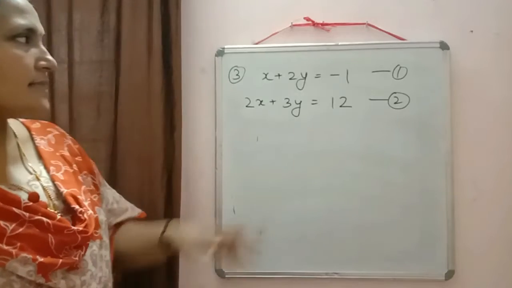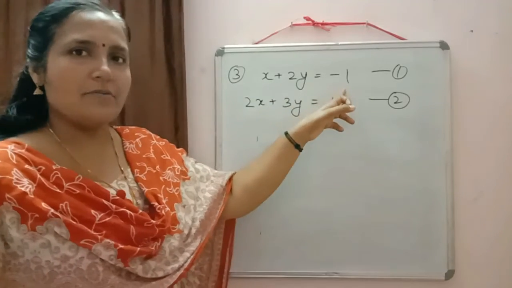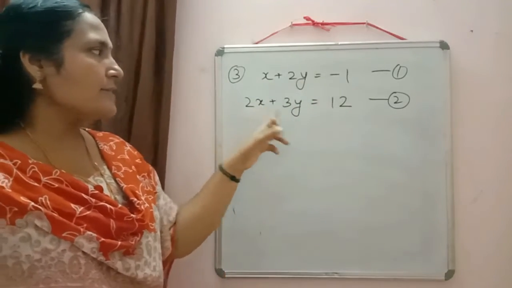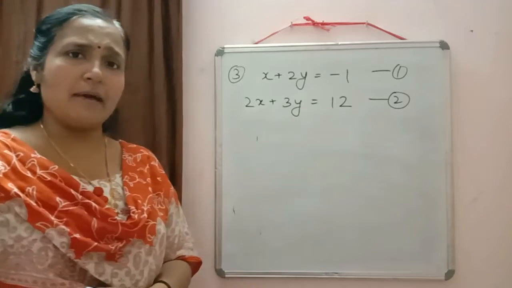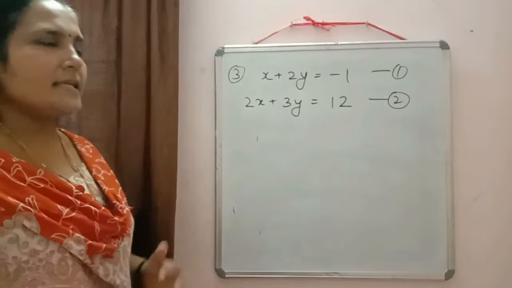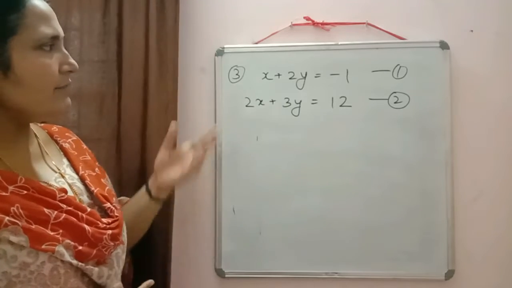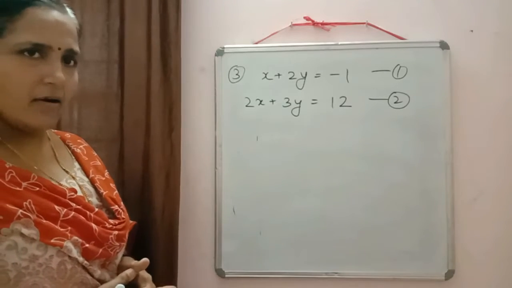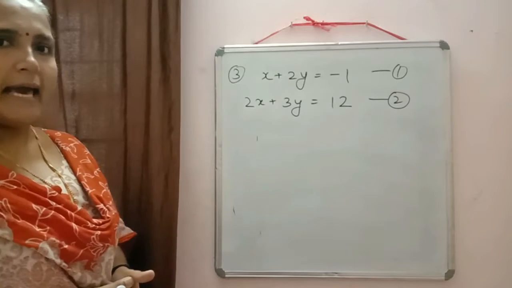Next question is x plus 2y is equal to minus 1 and 2x plus 3y is equal to 12. Now while seeing the question you just check how you can do. Either we can eliminate the variable y or we can eliminate the variable x there.